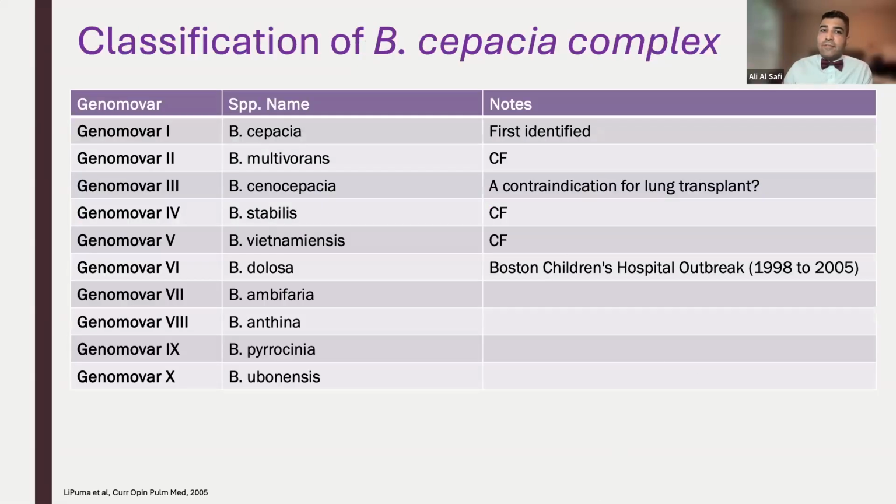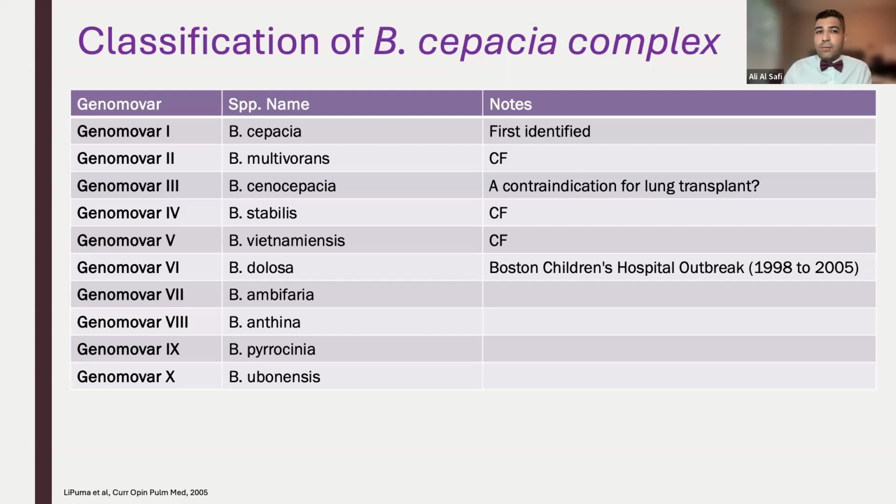And in terms of classification of Burkholderia cepacia complex, it's kind of a complex classification. We use something we call Genomovar, and there are 10 of them. The first 5 or 6 are associated with cystic fibrosis.